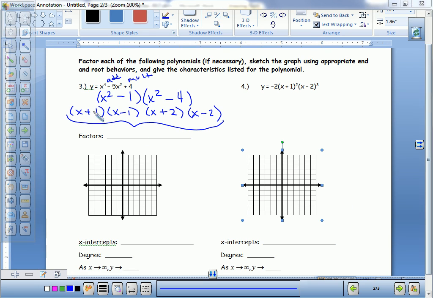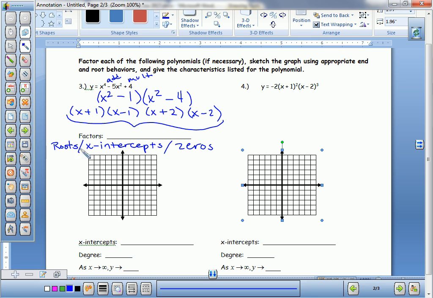So, if these are my factors, what are my roots or x-intercepts or zeros? When your teacher asks you for any of these, roots, x-intercepts, zeros, it's all talking about the same spot on the graph. We would write our answer a little differently, but it's the same spot.